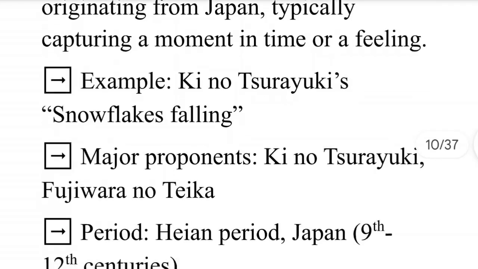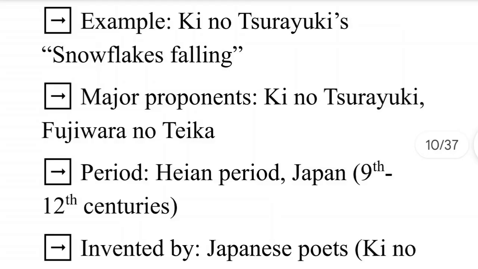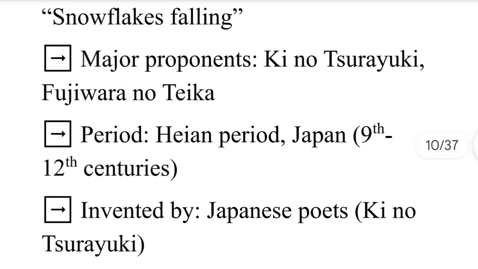These are the major proponents. And tanka became popular during the Heian period in Japanese literature, which is from the 9th to 12th centuries, which means the 9th, 10th, 11th and 12th centuries, and it was invented by Japanese poets, particularly Ki no Tsurayuki.